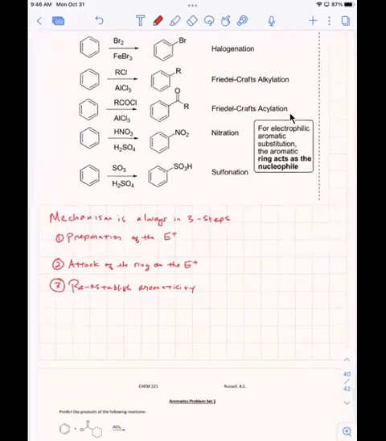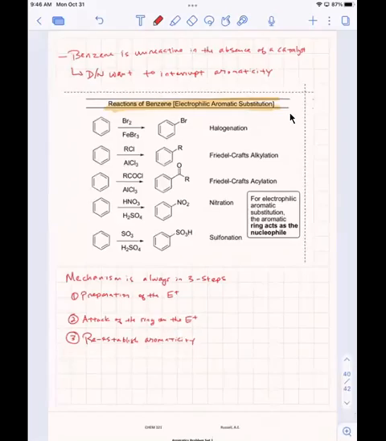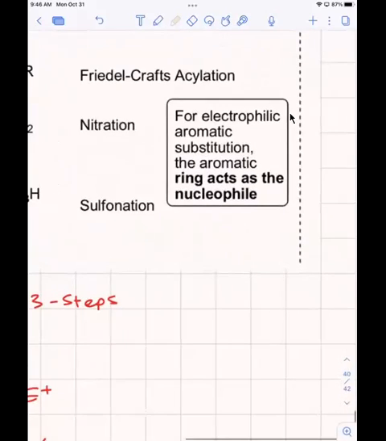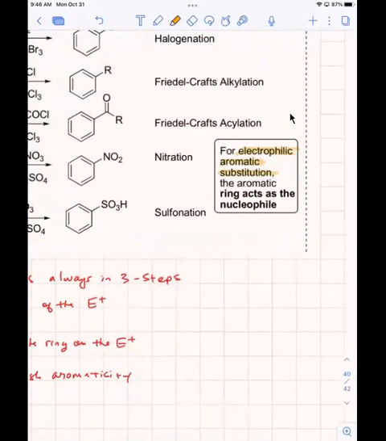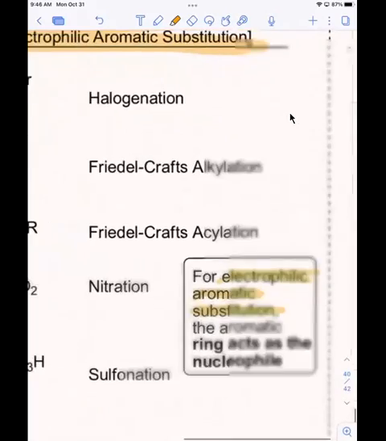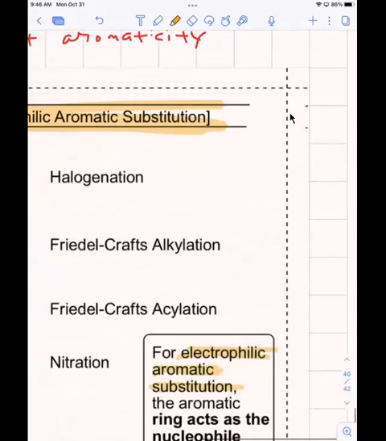So these reactions right here are examples of what we call electrophilic aromatic substitution, where the ring is acting as the nucleophile. The way this will be written is S, and then E for electrophilic aromatic substitution.